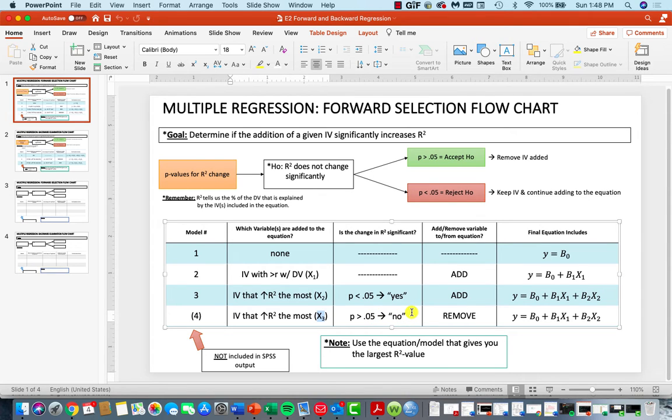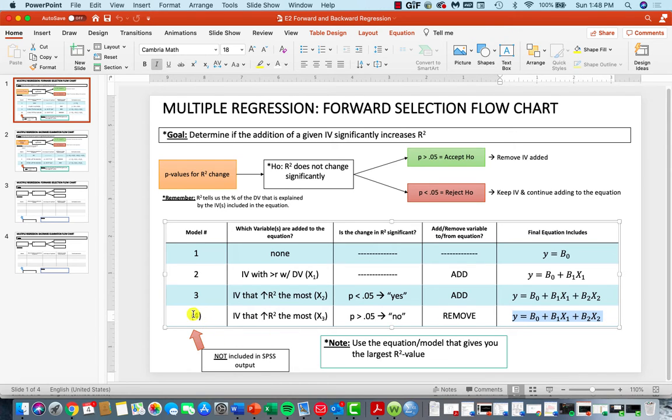So x3 doesn't really add a lot to our prediction of the dependent variable, which is what we're really interested in. Okay, so if it's not significantly contributing to r squared, we're just going to leave it out of the equation altogether, which is where we get this equation. We don't include x3.